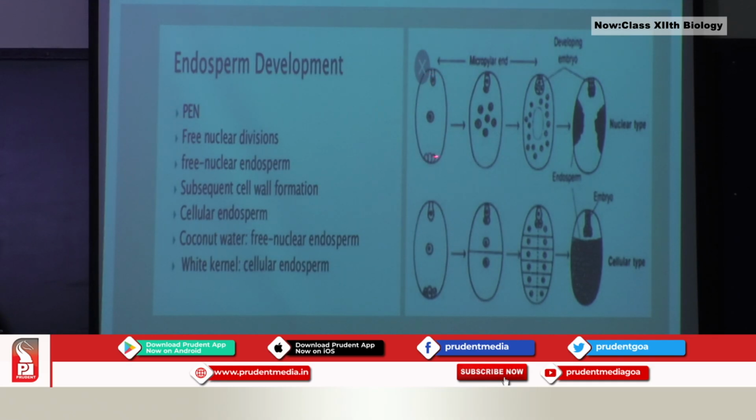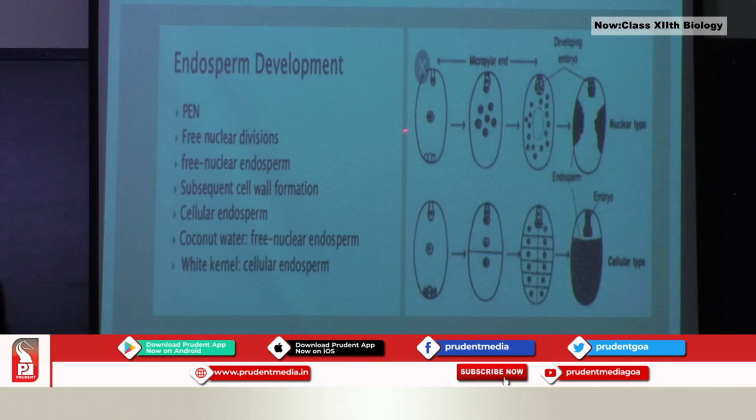And these are your 3 antipodal cells at the opposite end of the embryo sac. This whole structure is your embryo sac or the female gametophyte inside the ovule. But now the terms have changed. The terminology is different after fertilization: primary endosperm nucleus, primary endosperm cell, this is the zygote, and these are the degenerating antipodal cells.